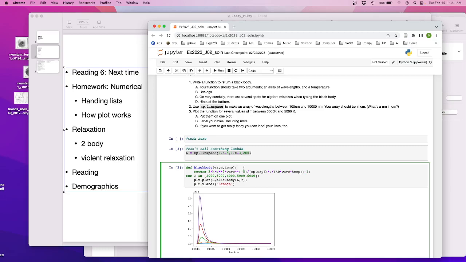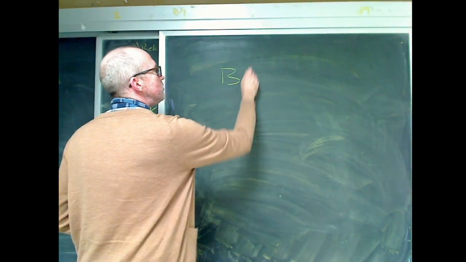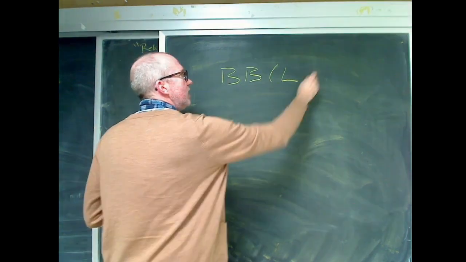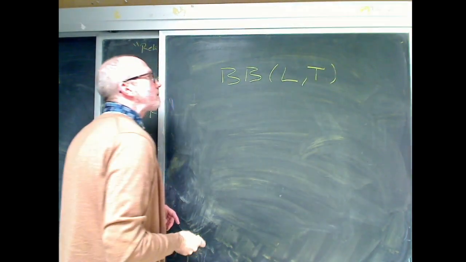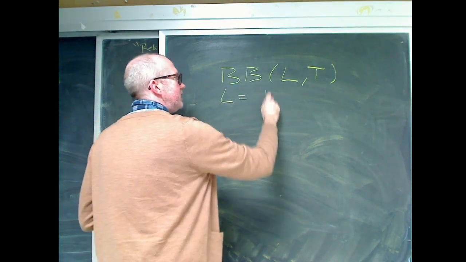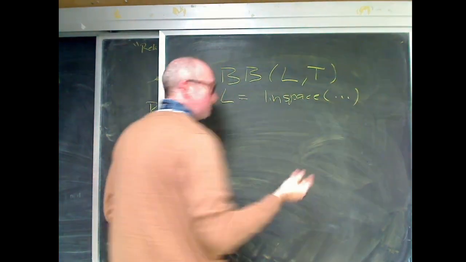One thing that you want to do, and several of you tried to do, doesn't actually work. Let's talk about it for a second, because I want it to work, and it slightly annoyingly doesn't. You define this function, we'll call it BB, because I'm lazy, and it takes a wavelength and a temperature, and L we defined as some array.